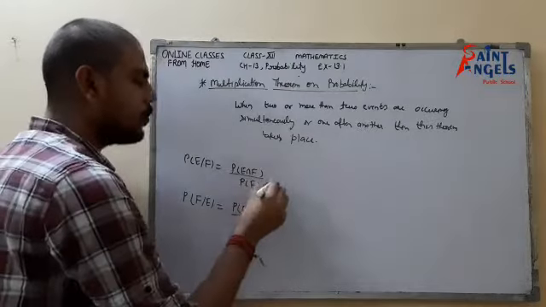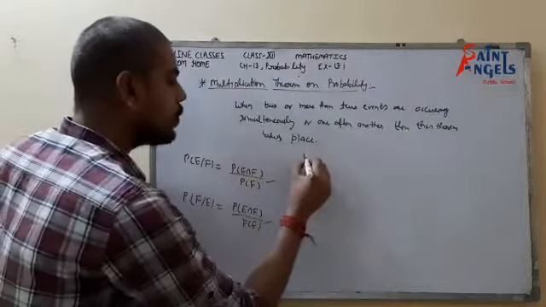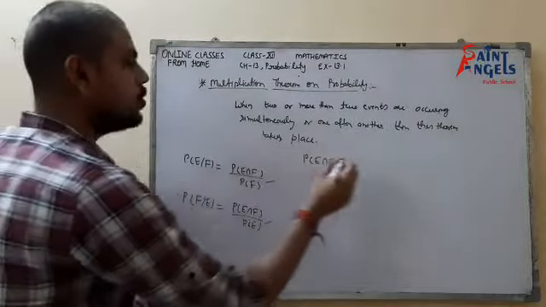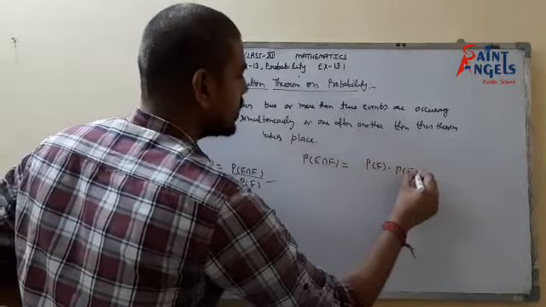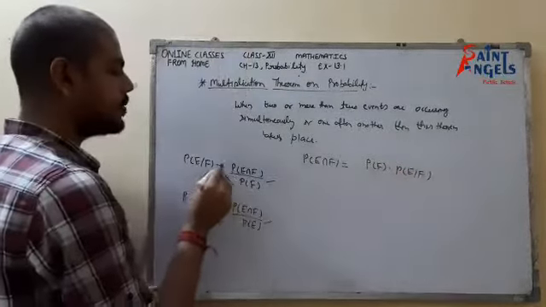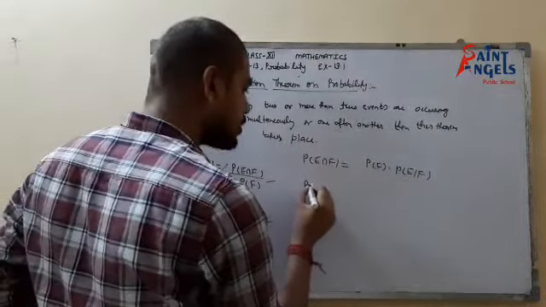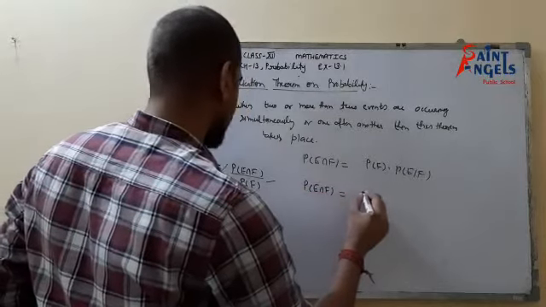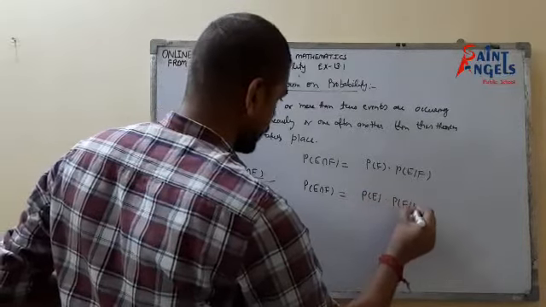So now from both of these formulas, what will be the value of P(E intersection F)? P(E intersection F) would be equal to P(F) dot P(E|F). I've just cross multiplied. So this is one formula, or we could say P(E intersection F) is equal to P(E) dot P(F|E).